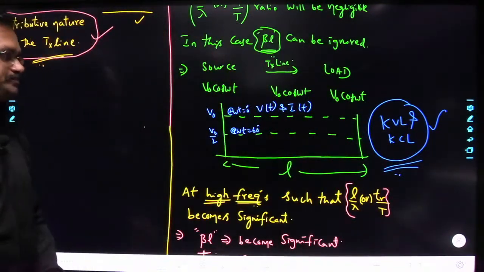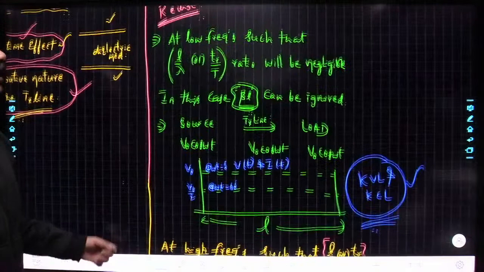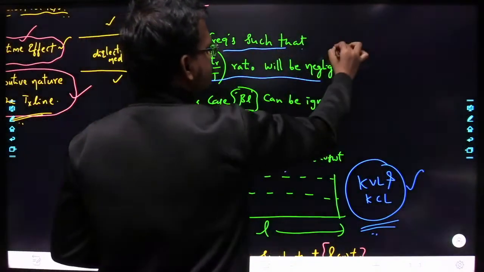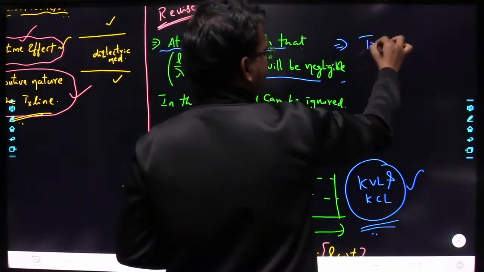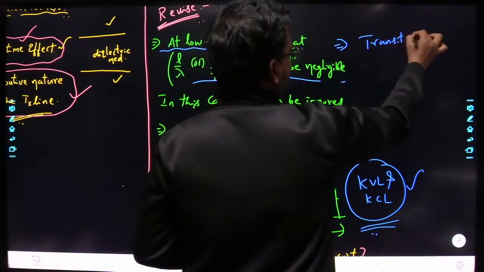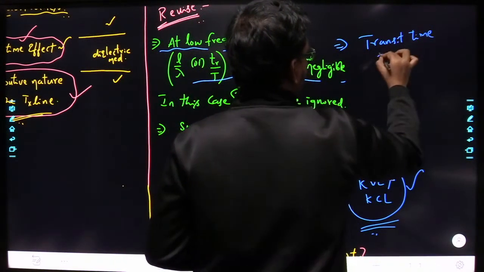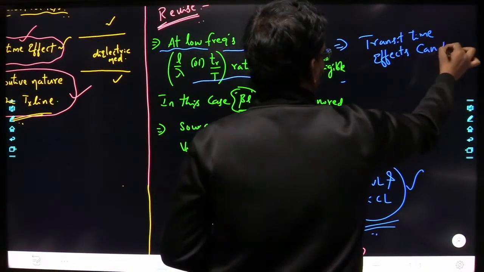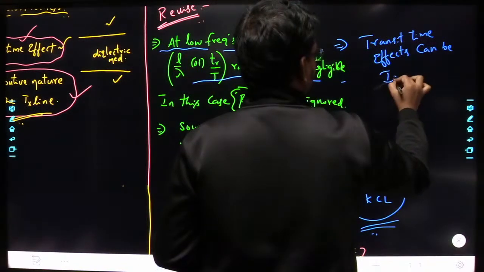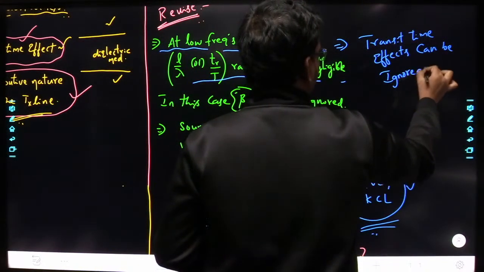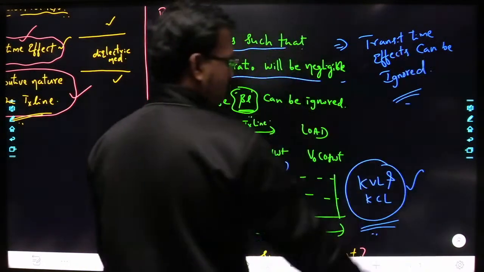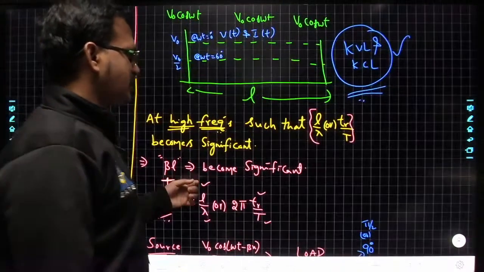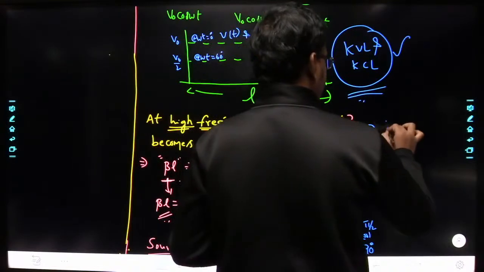Understood? So at low frequencies, what have we concluded? At low frequencies, transit time effects can be ignored or neglected. Understood? Whereas at high frequencies, transit time effects become significant.